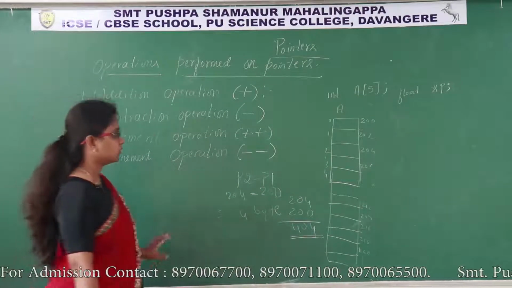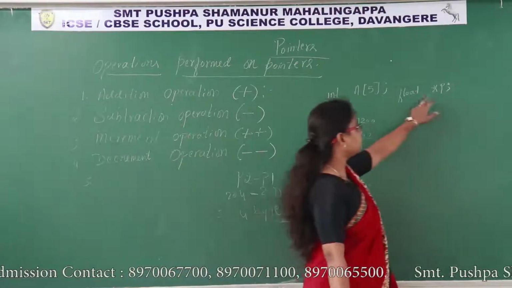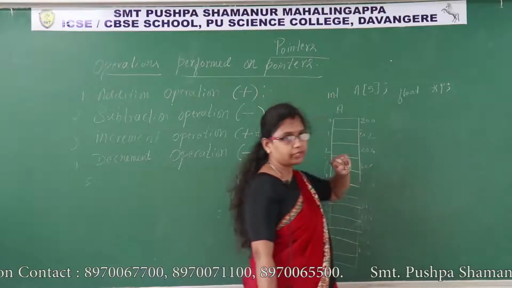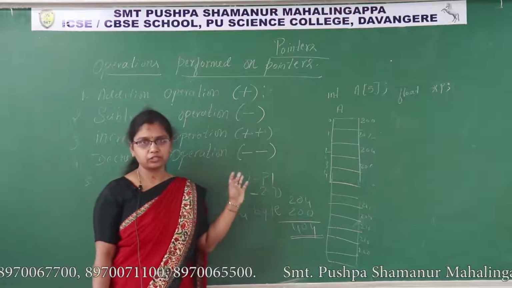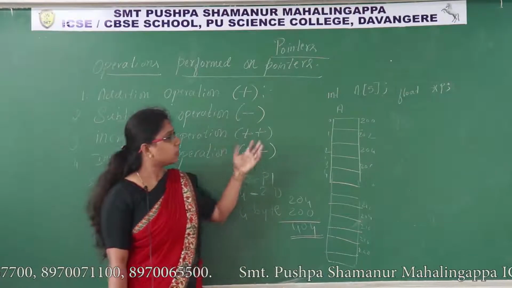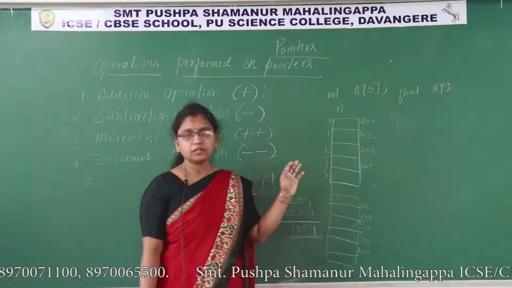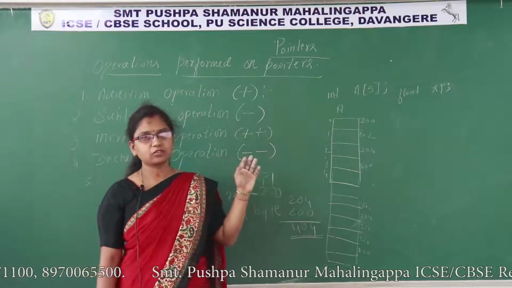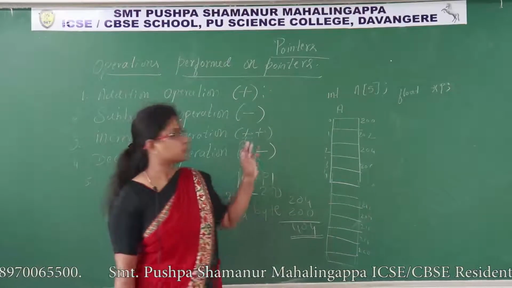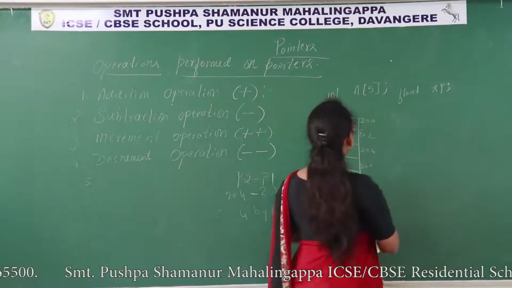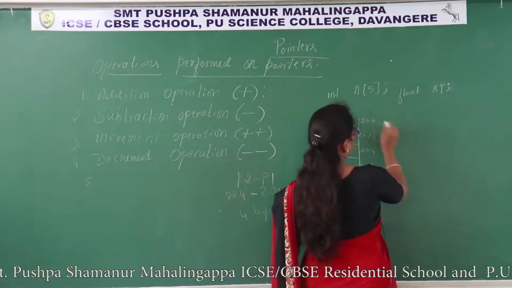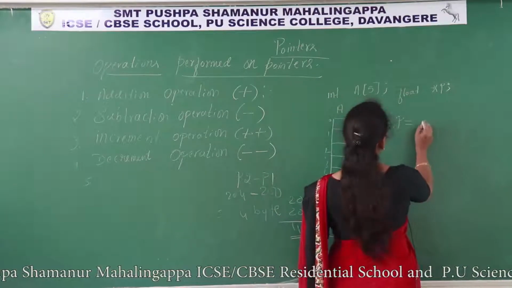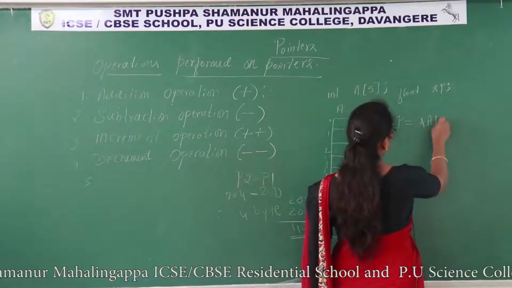I'll explain. If I take a float type pointer, you all know the nature of a pointer. A pointer stores the address of a memory location. So whatever the type of pointer, it occupies 2 bytes of memory location in order to store the address. If I write like this, P is equal to ampersand A of 0.